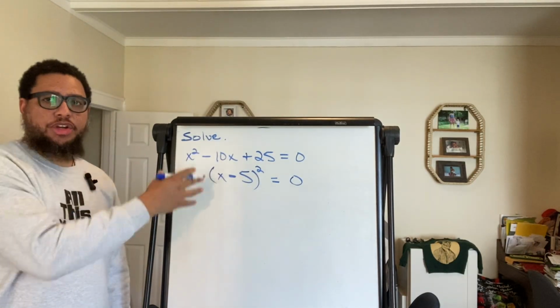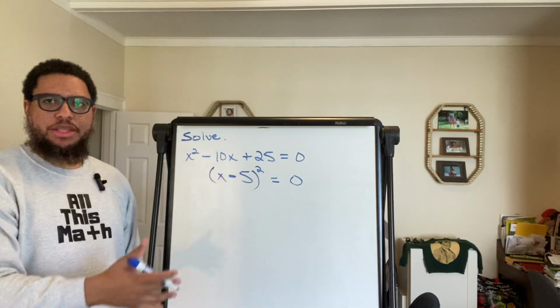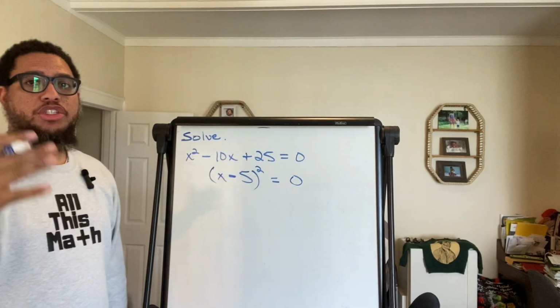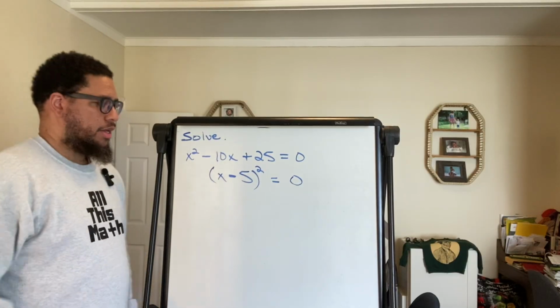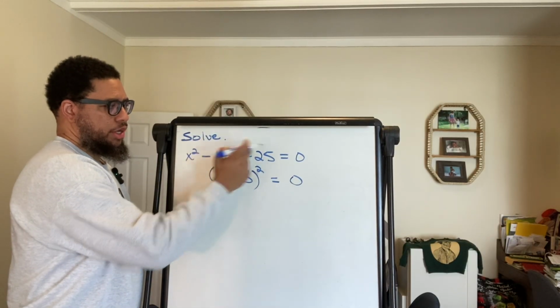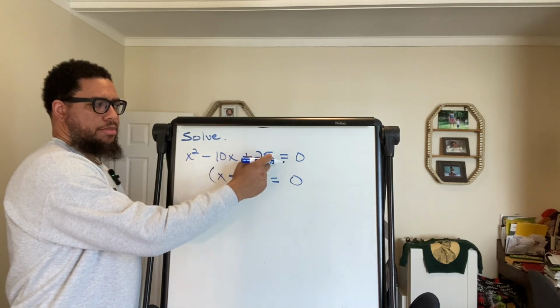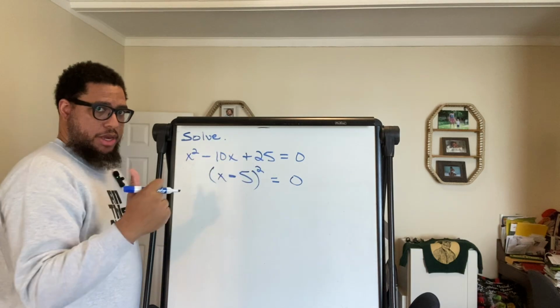Now, you only follow this method or this process when you're dealing with a perfect square trinomial. Now, how do you know if it's a perfect square trinomial? If it's a trinomial, 1, 2, 3, and the last term is a perfect square, right?